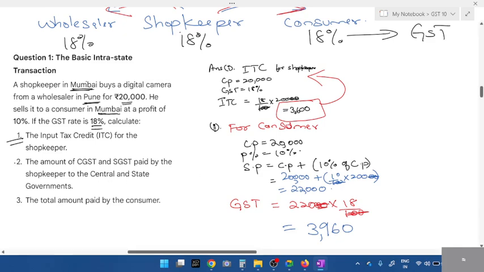Now, before going to liability and the second one, tell me this third one. What is the third? Read the question, all of you. The total amount paid by the consumer. What is the total amount? I've told you all. What's the formula? All of you tell me. Mark price plus GST, right? How much did the consumer pay?